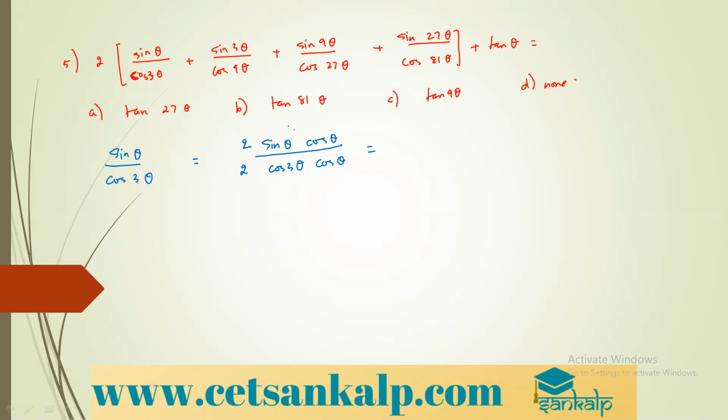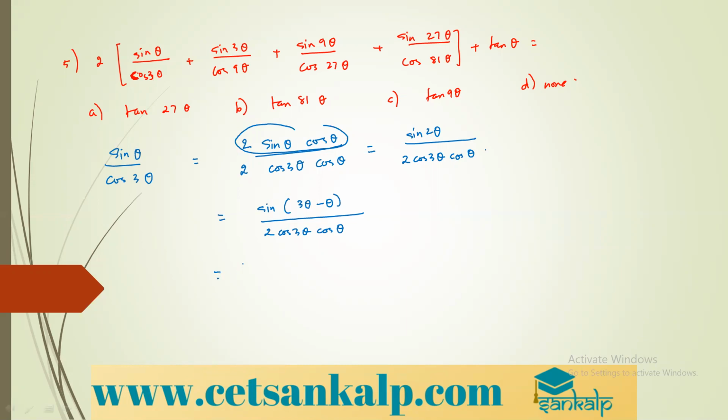This I am doing because 2 sine theta cos theta I can write as sine 2 theta. And then in the denominator I am having 2 cos 3 theta cos theta. So this I will change. Sine 2 theta I will write as sine of (3 theta minus theta), and the denominator 2 cos 3 theta cos theta as it is.